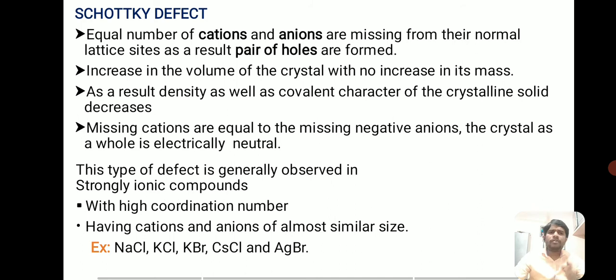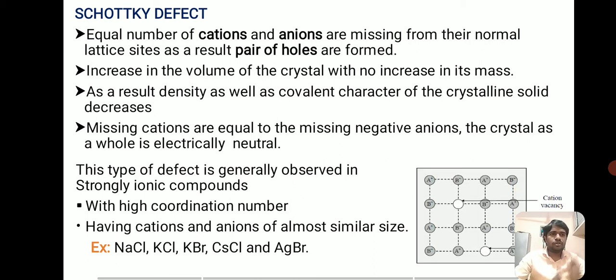This type of defect is generally observed in strongly ionic compounds with high coordination number, having cations and anions of almost similar size. Examples for Schottky defects are sodium chloride, potassium bromide, cesium chloride and silver bromide.